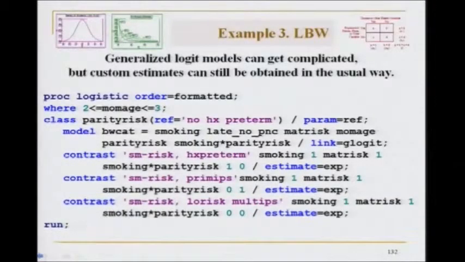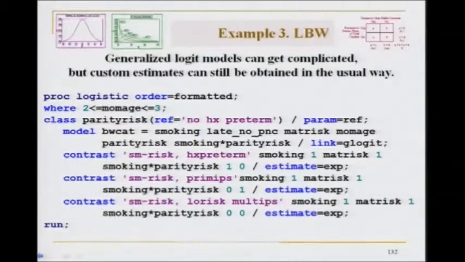This looks like smoking and maternal medical risk amongst women that had history of preterm birth, right? And so we've got smoking and medical risk, and then we've got the smoking by parity risk variable because we're looking at smoking as well.